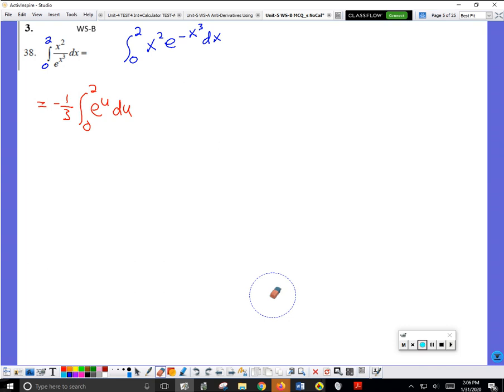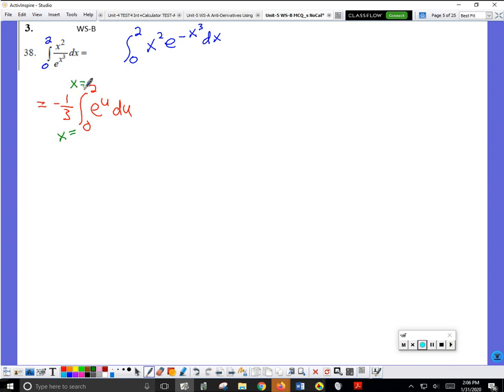Really? Nice. That's exactly what I was going to say. Look. This is x equals 0 all the way to x equals 2.